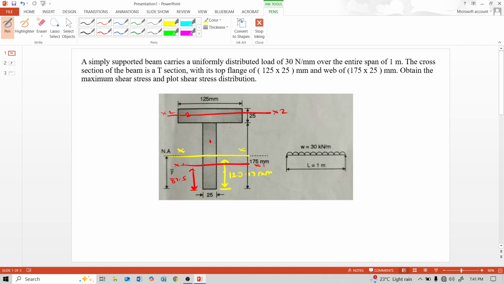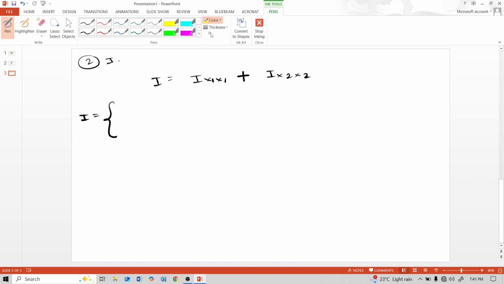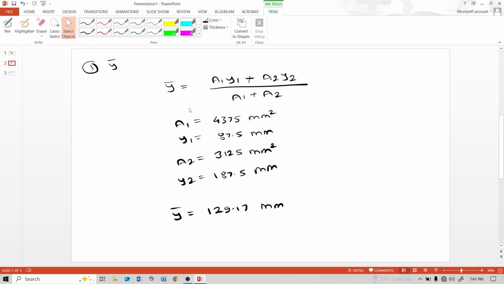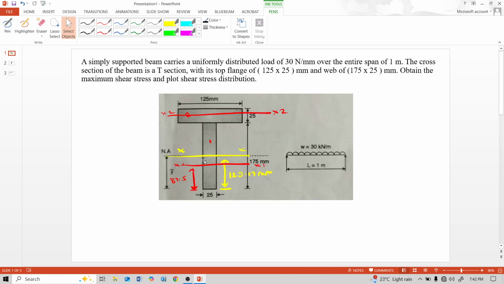So Ix1, the moment of inertia, is 25 multiplied by 175 cube divided by 12, plus 4375, the area of the web portion, multiplied by the square of the distance between the xx axis and x1 axis, 129.17 minus 87.5, 41.67.